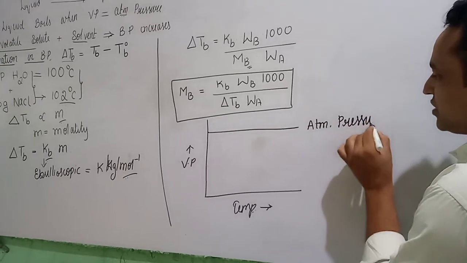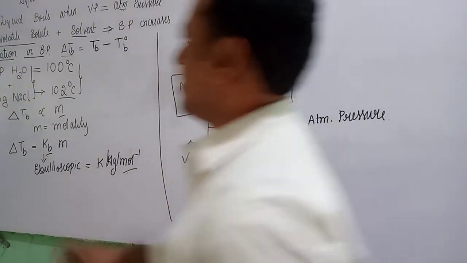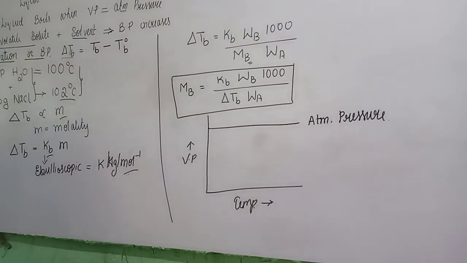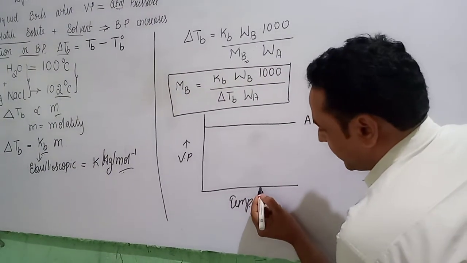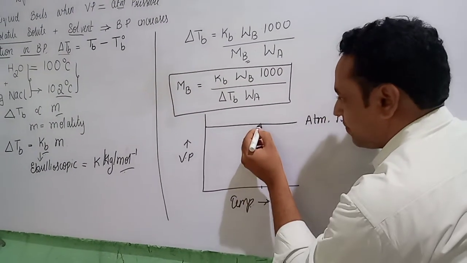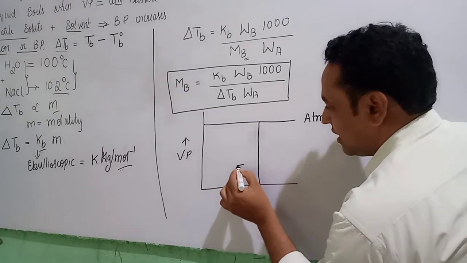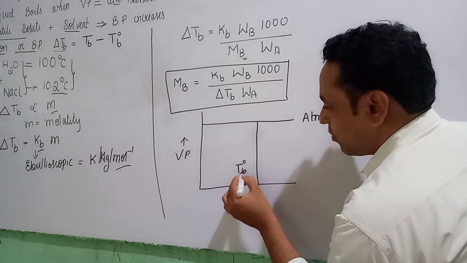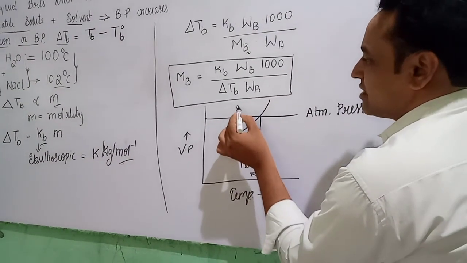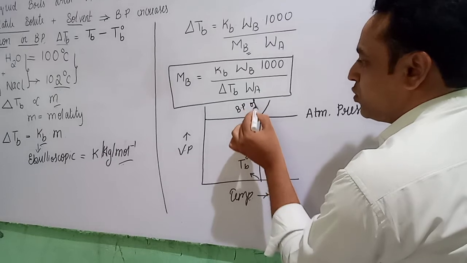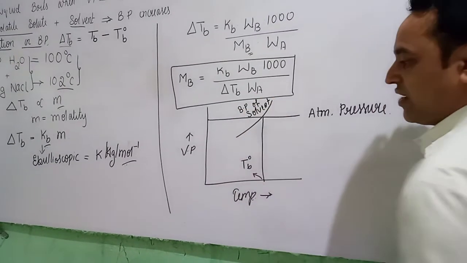When the vapor pressure of the solvent is equal to atmospheric pressure, that is when the liquid begins to boil. So now imagine at this particular temperature, we can consider T0 B, the boiling point of pure solvent.